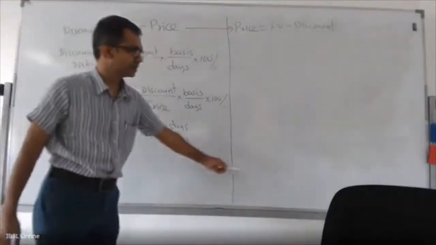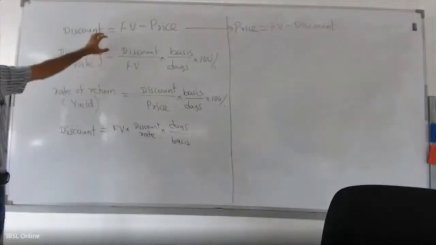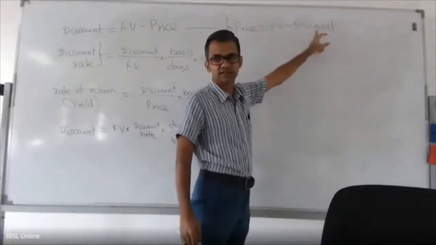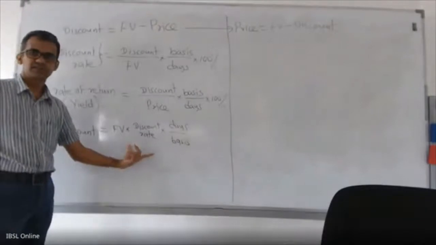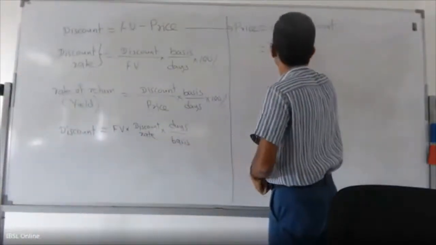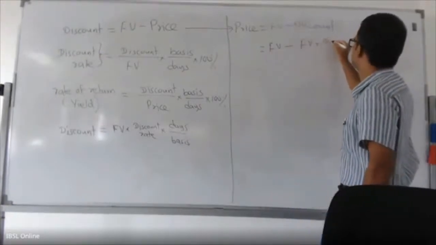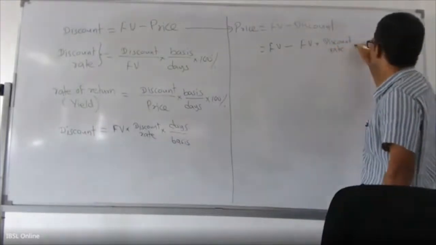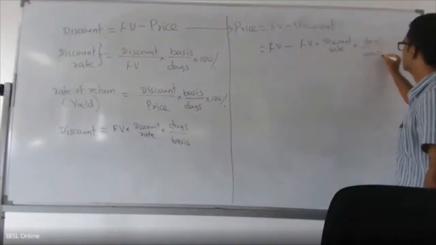The equation I got at the bottom to get the price, when we know the face value and the discount, price equals face value minus discount. For this discount, we can use this equation, face value minus face value times discount rate into base divided by basis.